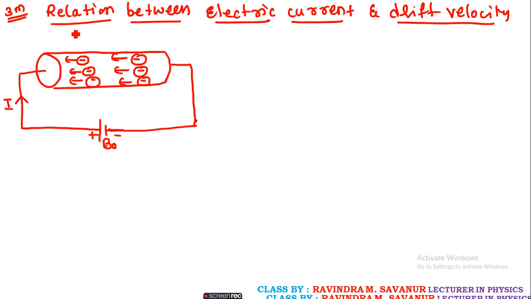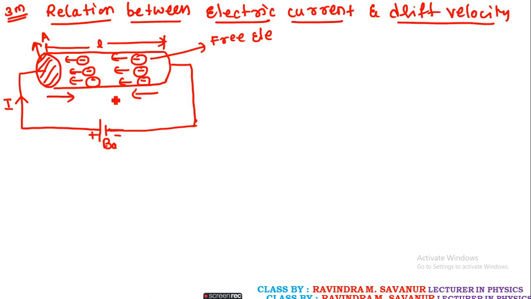Now this is the conductor, which has area A, the area of the conductor. This is the length of the conductor. It contains a number of free electrons. Now I am showing two arrow marks.